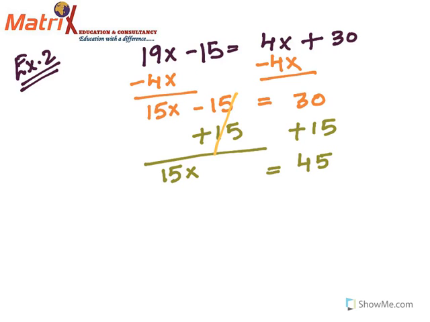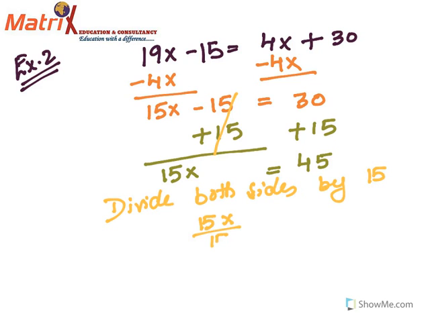Now 15x is equal to 45. Since we have to isolate the variable, we divide both sides by 15. So 15x divided by 15, 45 divided by 15. Here I get x is equal to 3, and that's our answer.